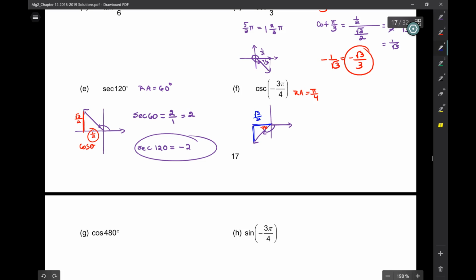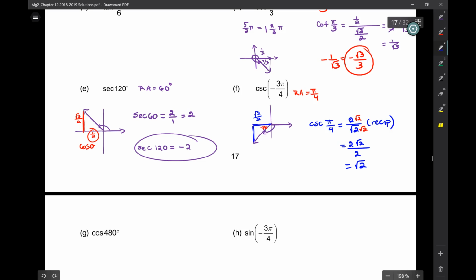Now, if I want cosecant, what am I supposed to do? 1 over the sine. So what's the vertical side here? Root 2 over 2. So cosecant is 2 over root 2, right? That's the reciprocal, which of course is 2 root 2 over 2, which is root 2.